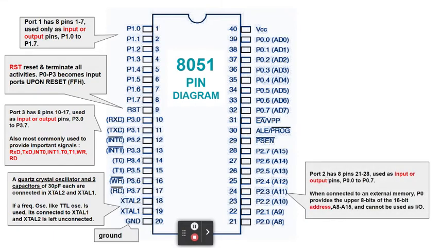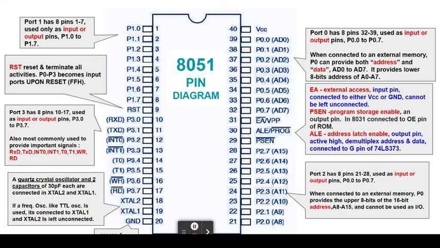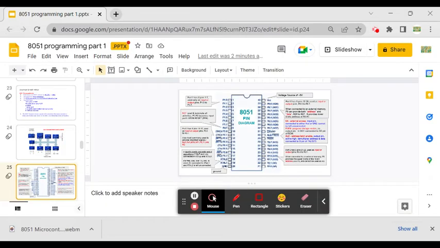Now for port 2, as I have said, this has 8 pins, 21 to 28, and this is used as input or output pins, P0.0 to P0.7. So this is wrong. It should be P2.0 up to P2.7. So we might as well correct it now.